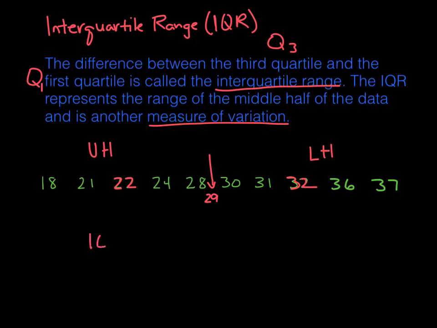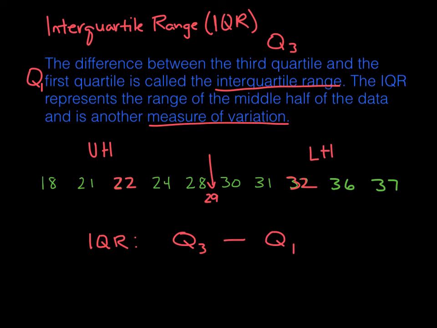To find the IQR, it says up here, the difference between the third quartile and the first quartile. Well, let's just do that. We take the third quartile, Q3, minus, because it's a difference, Q1.